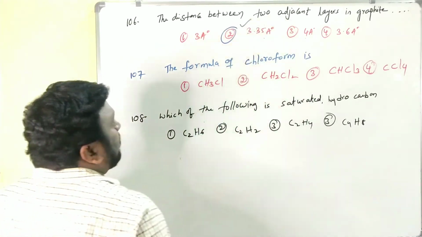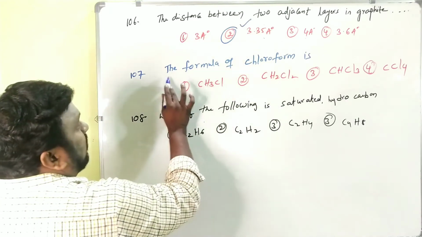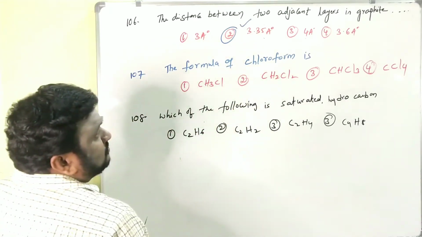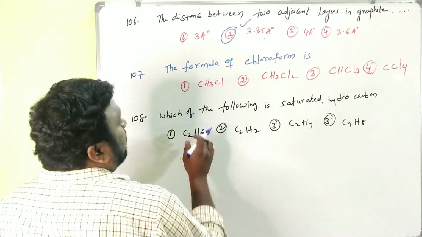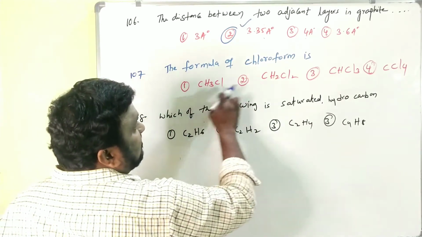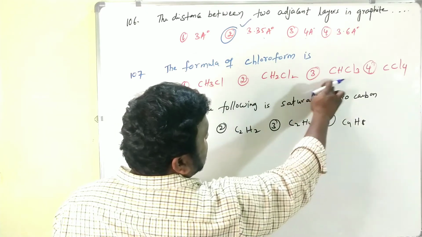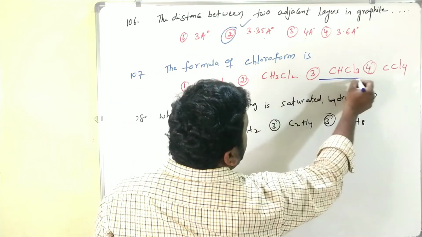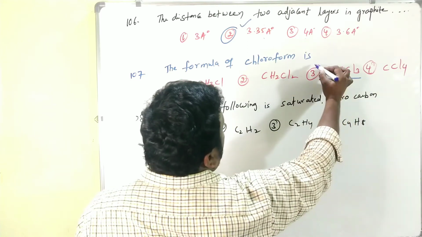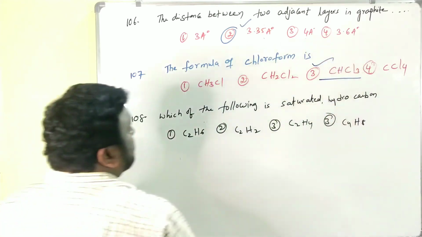This is a direct bit. And next is the formula of chloroform, which is also a direct bit. Options are given: CH3Cl, CH2Cl2, CHCl3, CCl4. So CHCl3 is the chemical formula of chloroform. That is the right answer.